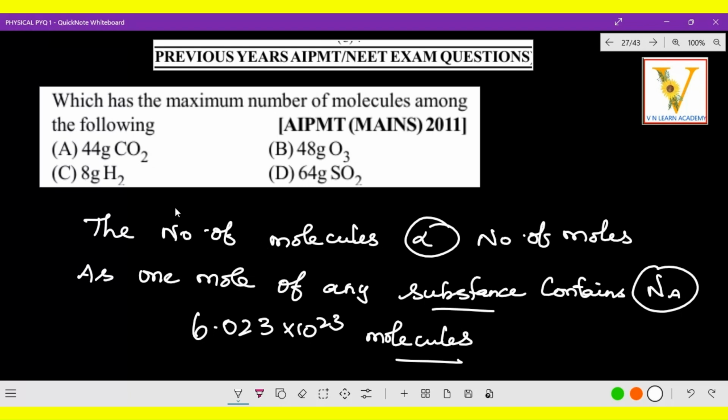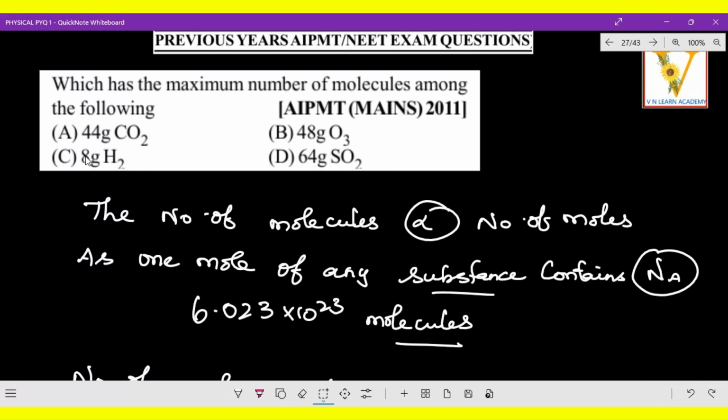So which is the correct option? Hydrogen, the hero of the periodic table. Hope you got that idea. So option C is the correct option. I just mentioned here it's C, so C is the correct option.